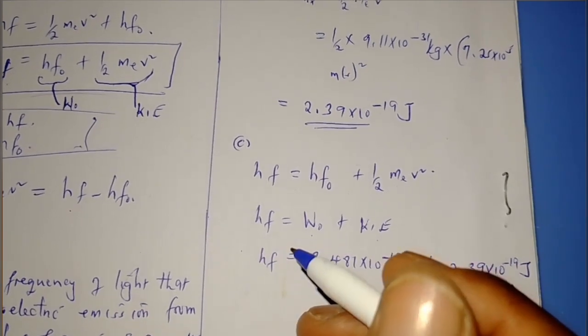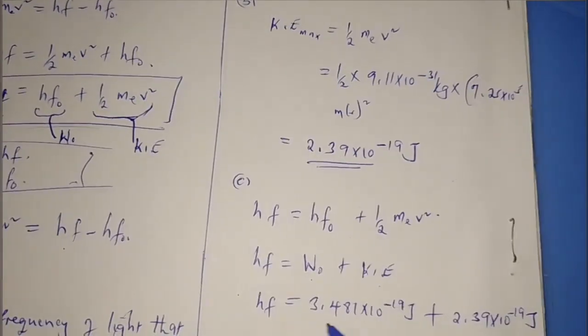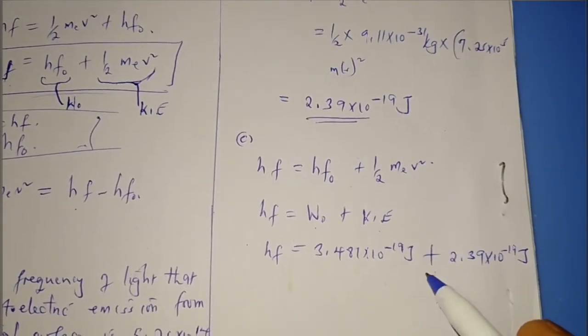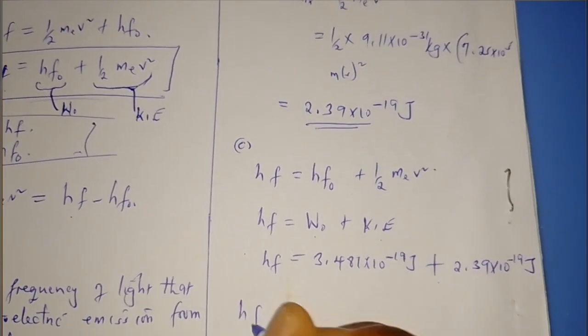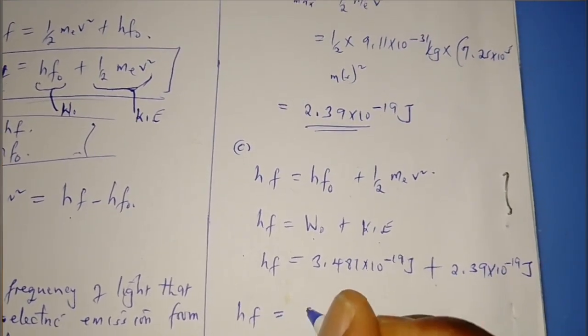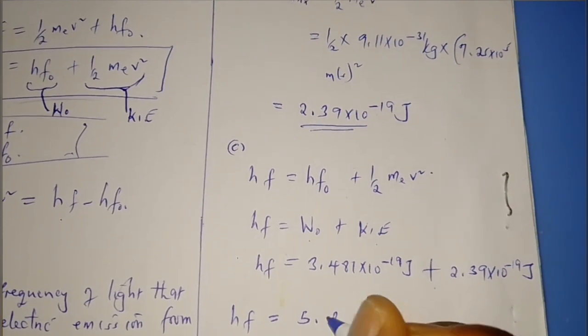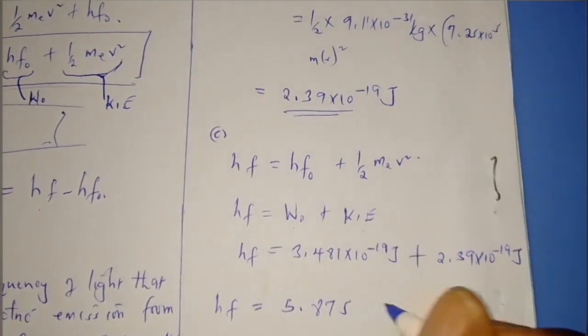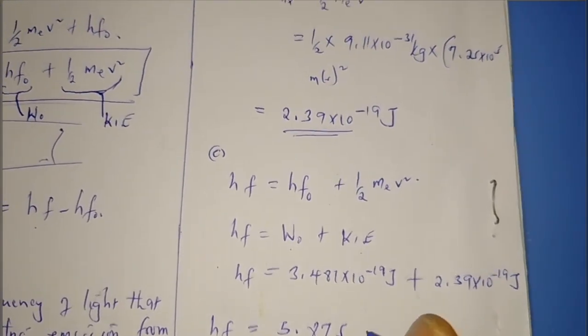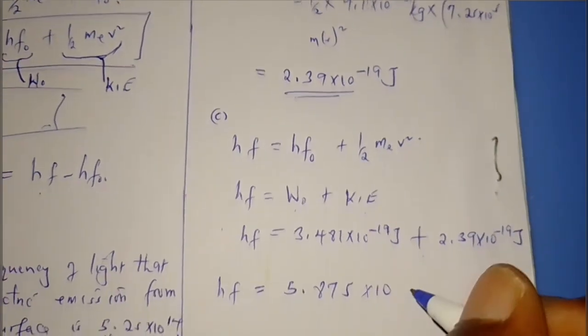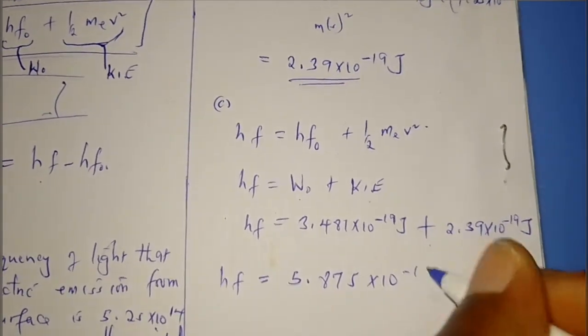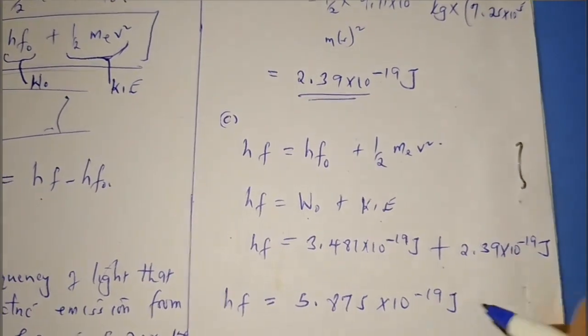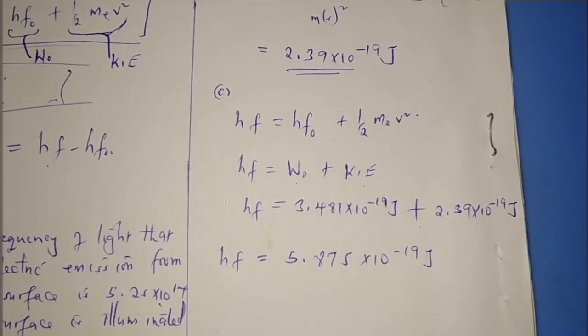Up to that point, we sum up these two, and we get that HF is equal to 5.875 times 10 raised power negative 19 joules. Hope you understand.